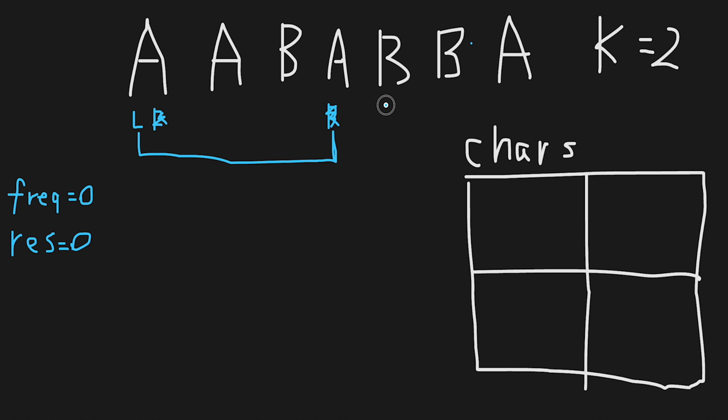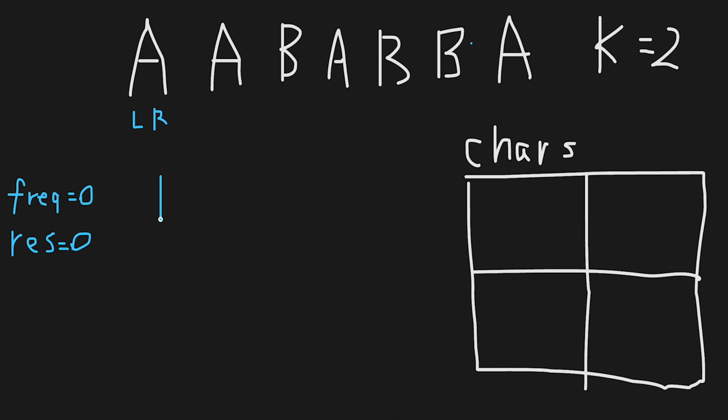How about when the right pointer is at index 4? What is the max range then? It's obvious, from index 0 to index 4. If I change these two B's to A, we successfully get 5 A's. So in that case, we can get the max range between the left pointer and the right pointer.